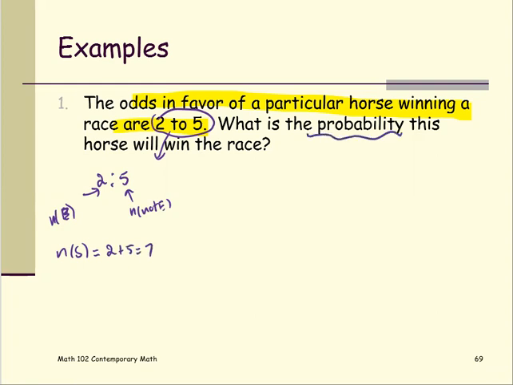The probability that the horse will win the race, which is E, or the P to win, is going to be 2 divided by 2 plus 5, or 2 over 7.